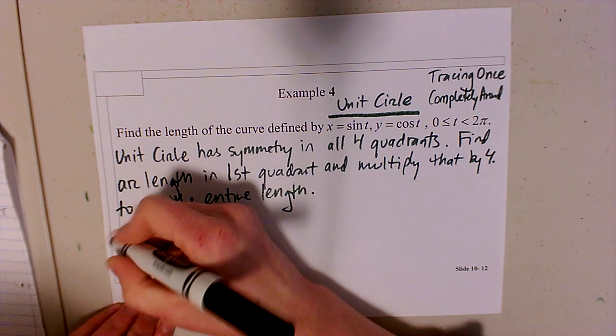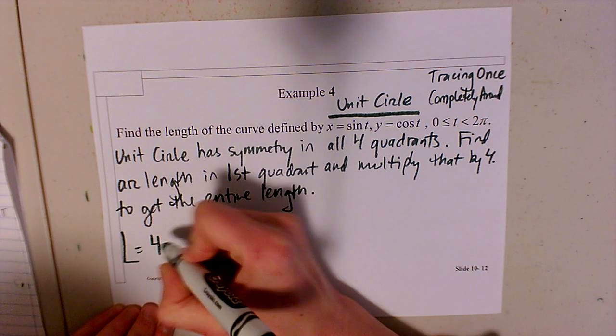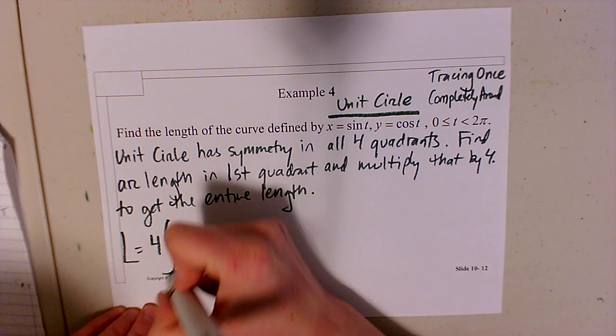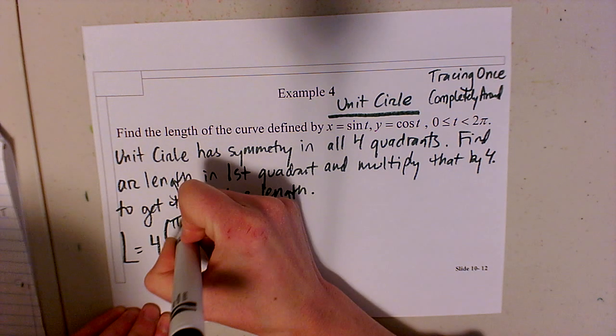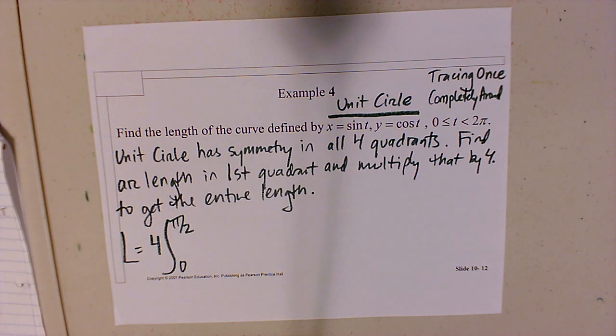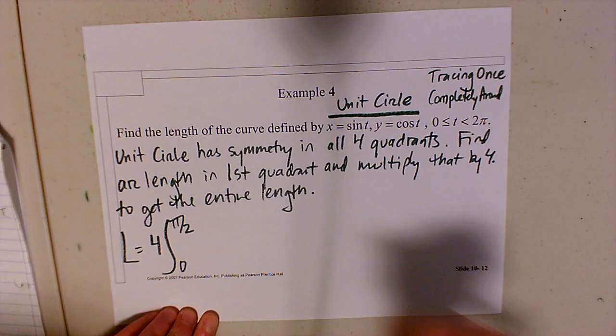So our length is going to be 4 times the integral from 0 to pi over 2, because if I'm doing it in the first quadrant, that starts at 0 and then goes to 90 degrees, which is pi over 2.